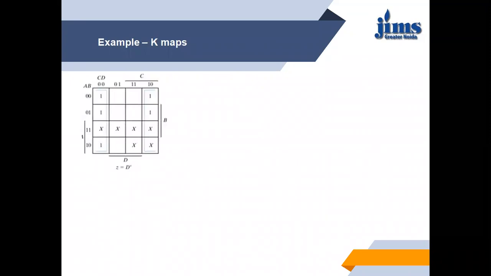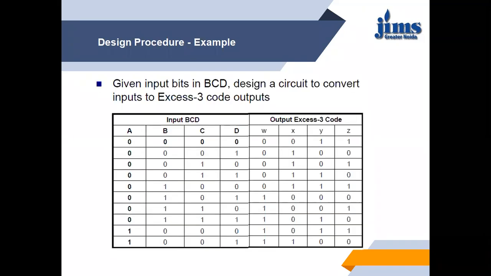This is the K-map I have drawn here for the value of Z. Let us take a quick look at the value of Z. It may be easy if you write down this table and the K-map in your copy. So the value of Z is 1 for 0, 2, 4, 6 and 8.